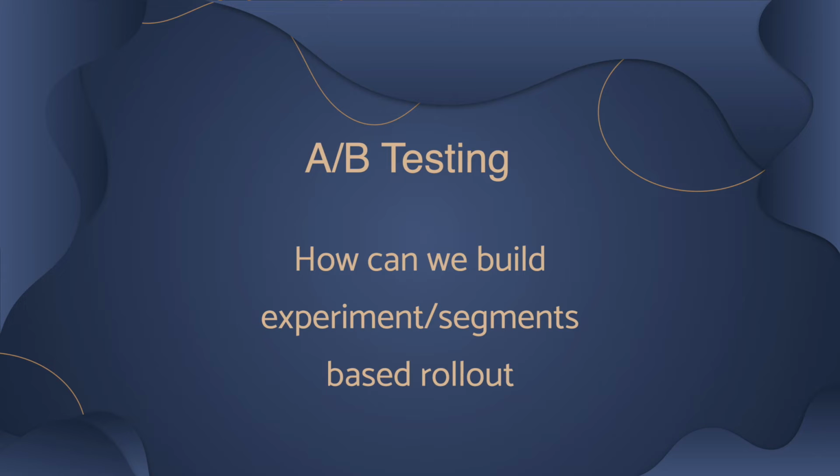Let's say those experiments can be location based, those experiments can be customer type based. Let's say for premium customers we want to roll out some features, or we can say controlled rollout, not for the release but for the feature.